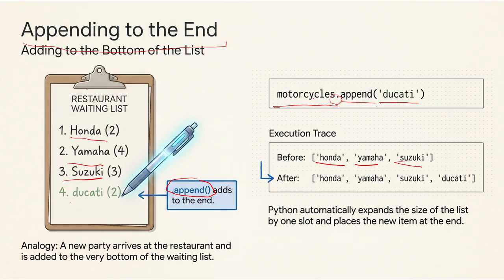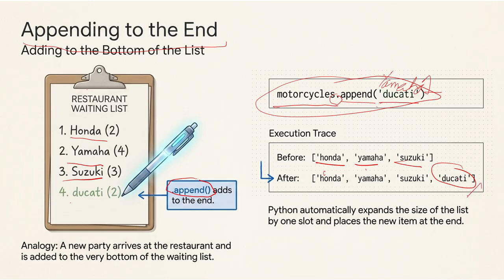Once you have run this piece of code, Honda, Yamaha, Suzuki and Ducati will be there, with Ducati added to the end of the list. Suppose after that you again add Yamaha 1 in the append.